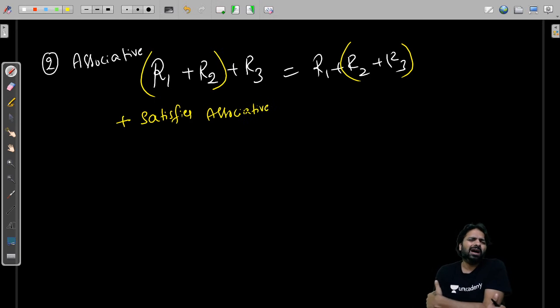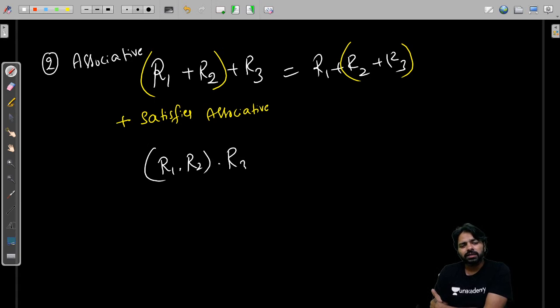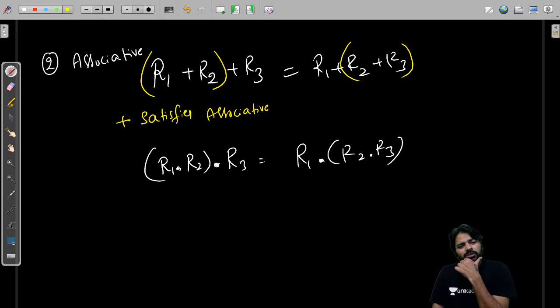How do you know? You take any R1, R2, R3 in the world, it's always going to be the same, just like union. And what about dot? R1 dot (R2 dot R3) is equal to (R1 dot R2) dot R3. Will it be equal or not, guys? Order is not changed, so concatenation always produces the same, right? Whether you do this first or the right one first, both are equal. So dot also satisfies associative.